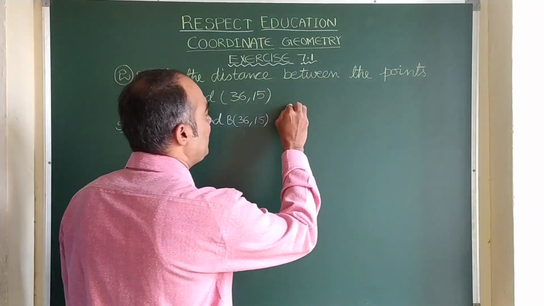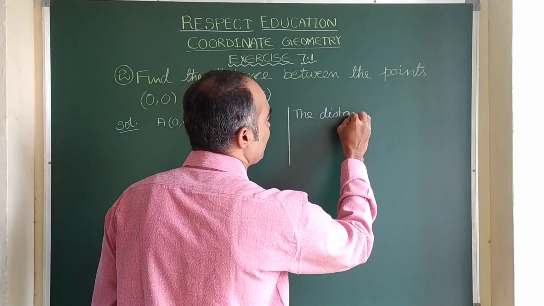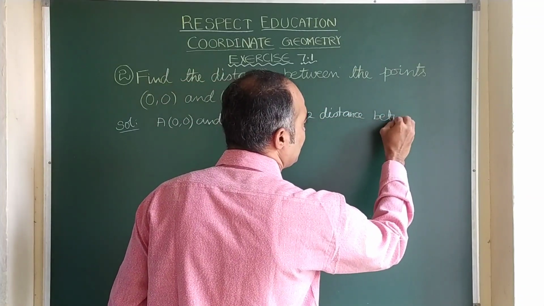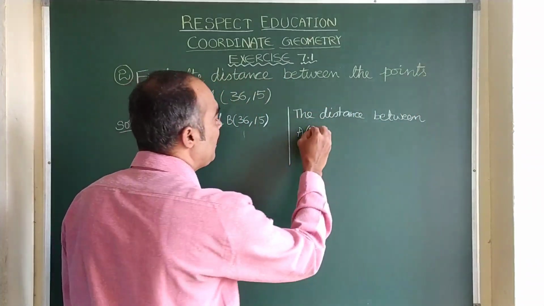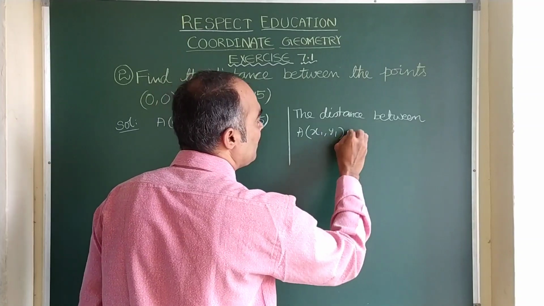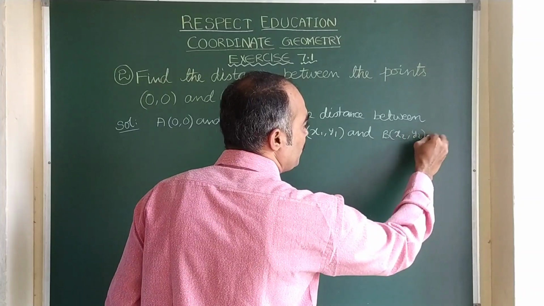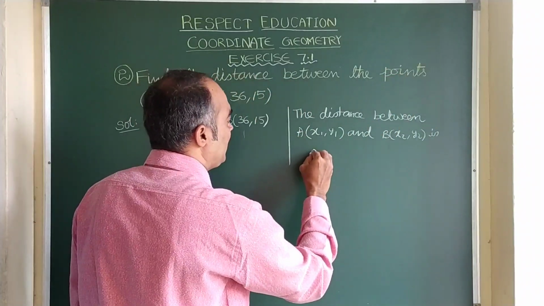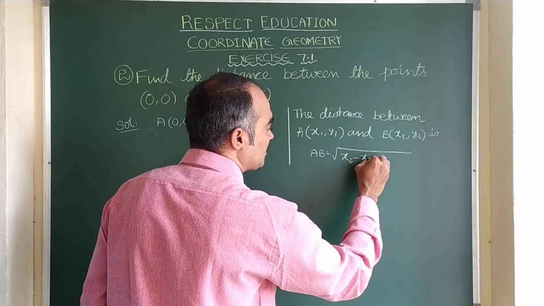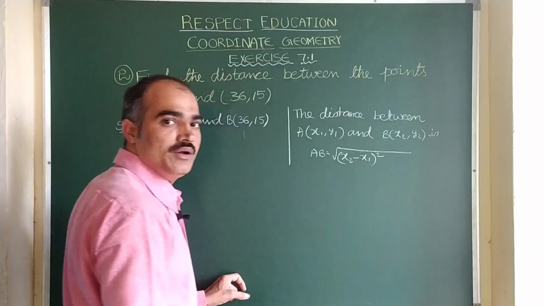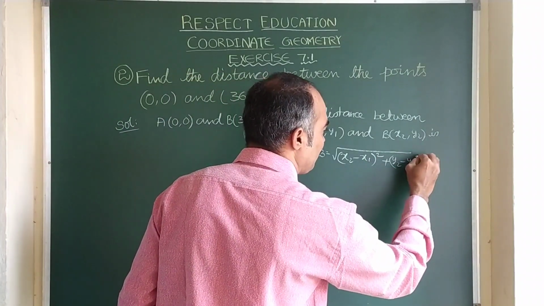As we know the formula here, the distance between the points A, x1, y1 and B, x2, y2 is AB equal to under root x2 minus x1 whole square plus y2 minus y1 whole square.